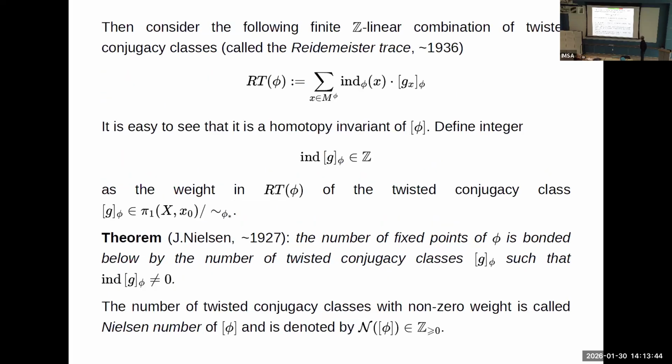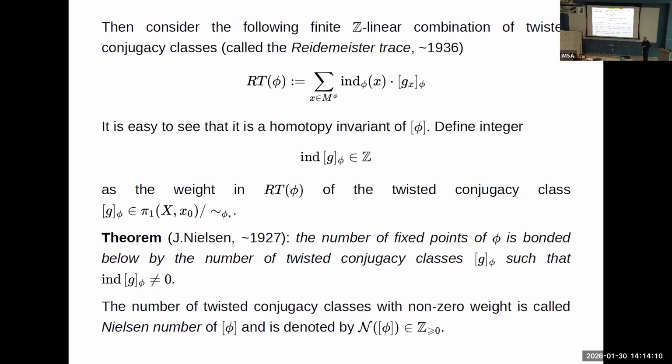And now what do we do? Yeah, it's Reidemeister who reformulated things like 10 years after, but it's essentially the same story. You have finitely many fixed points. For each point, you get plus or minus 1, and also this twisted conjugacy class.